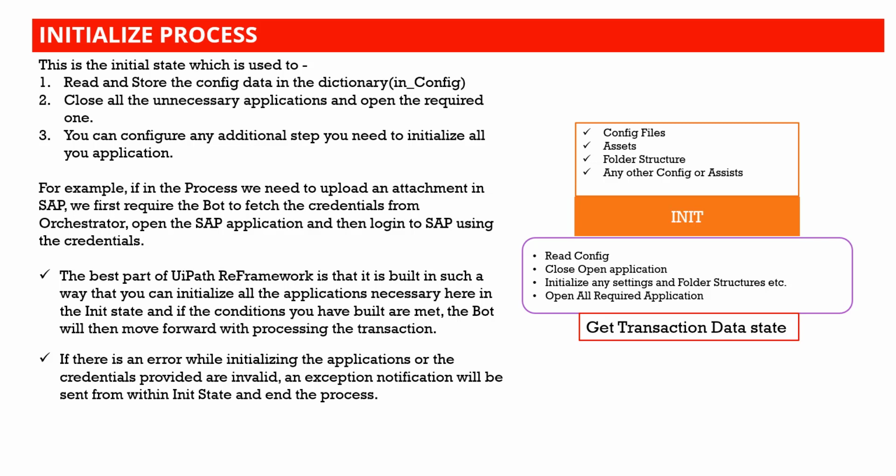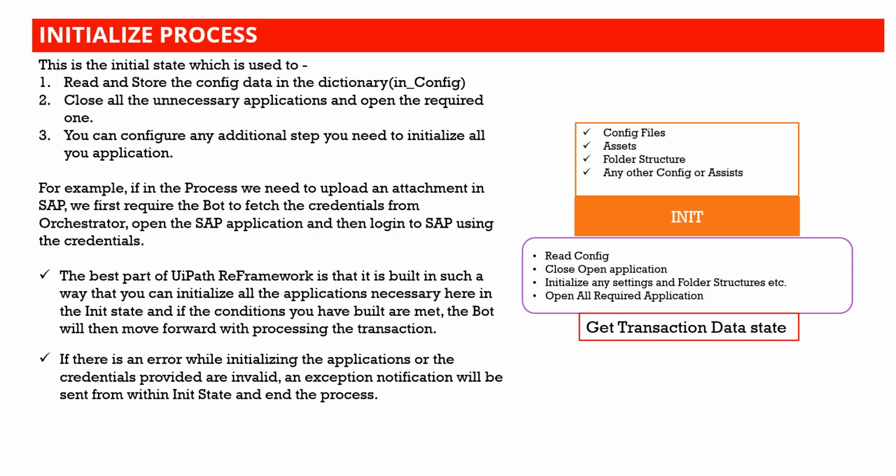It closes all the unnecessary applications and opens the required applications. You can configure any additional steps that you need to initialize for your application, such as creating a folder, creating a date-wise folder, and all those kinds of things. You have to do it here.